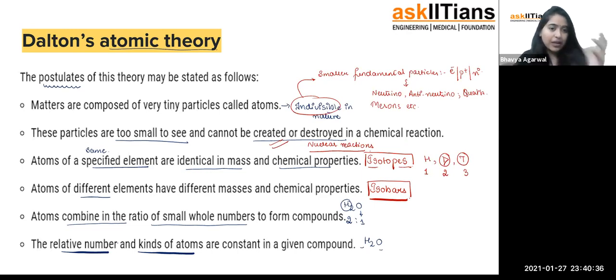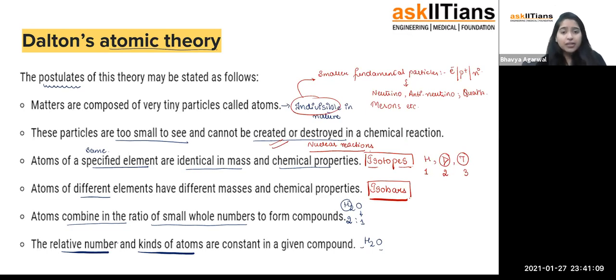So see, atomic number is the thing which defines an atom. So if the two atoms have the same atomic number, it means they are same element. If they have different atomic numbers, they have different elements. Technically, atomic number is about the total number of protons present in an atom. And we will be discussing about it in this very chapter under the category of ions. There we will be discussing about it.